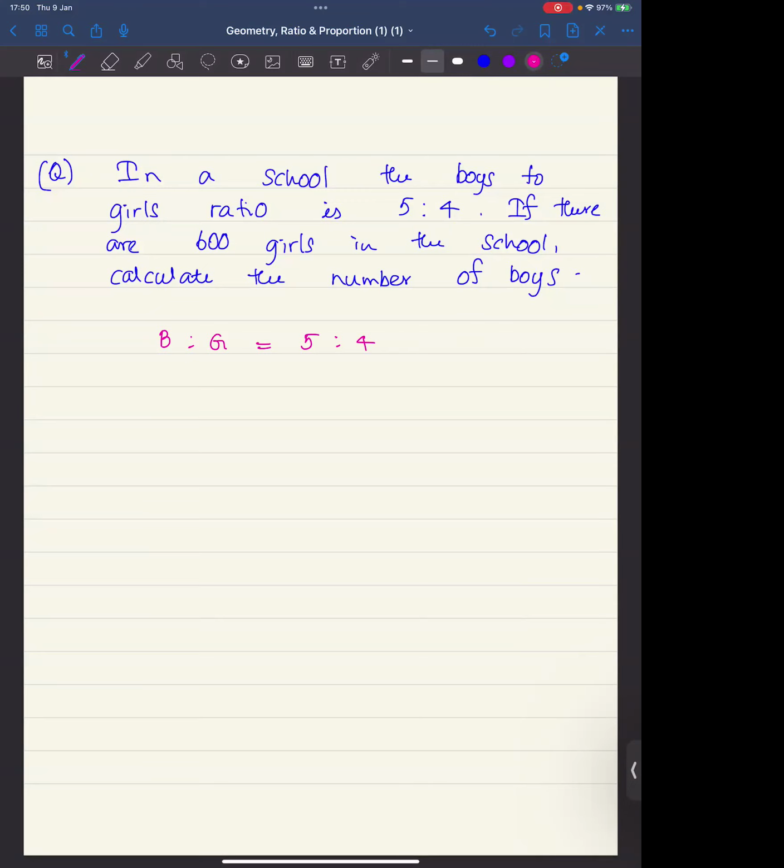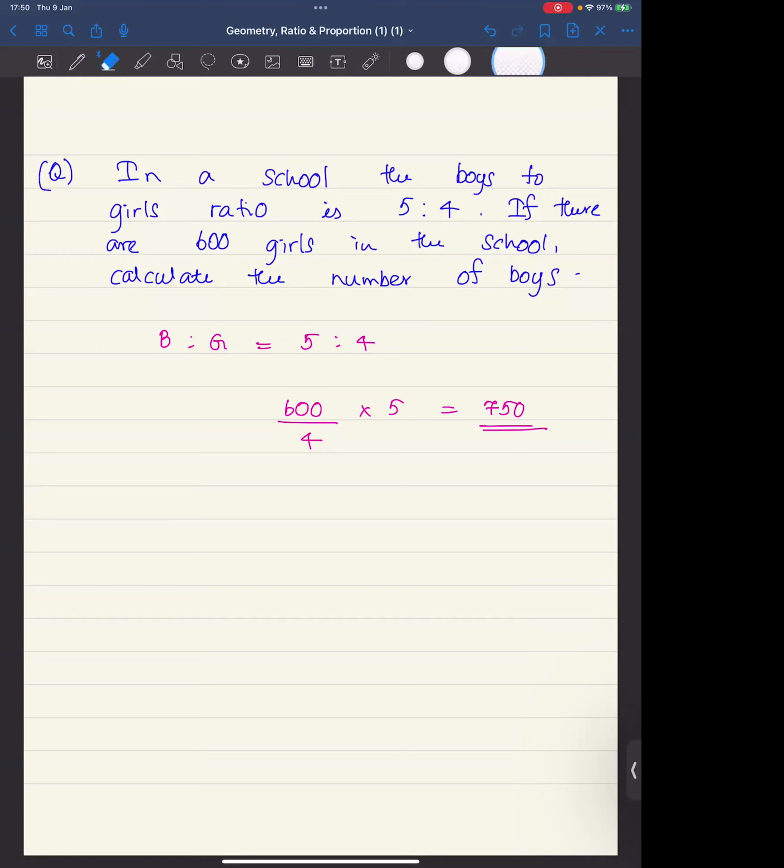So 4 portions is 600 means 1 portion will be 600 over 4. Then the number of boys is 5 portions. 600 over 4 you multiply by 5. That is 750 boys.